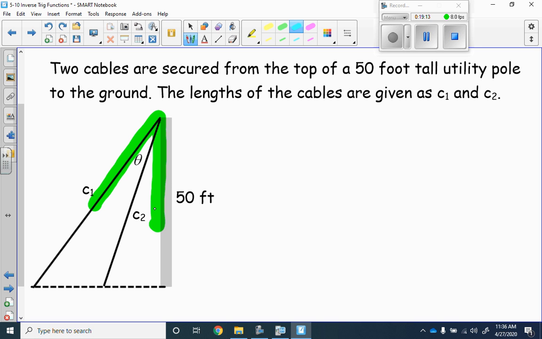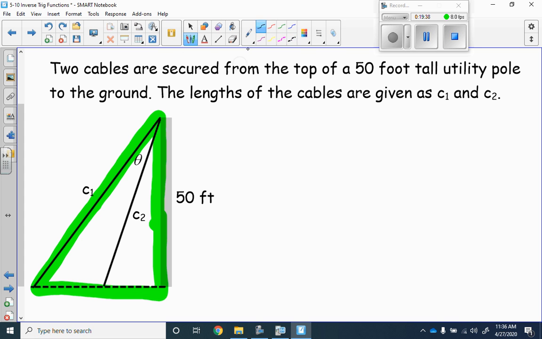So let's go ahead and treat this as two different triangles, because we would take the bigger angle and subtract the smaller one. So let's start with the larger triangle right here. If I wanted to find the angle at the top here, we've got the adjacent and the hypotenuse, so that would be cosine.